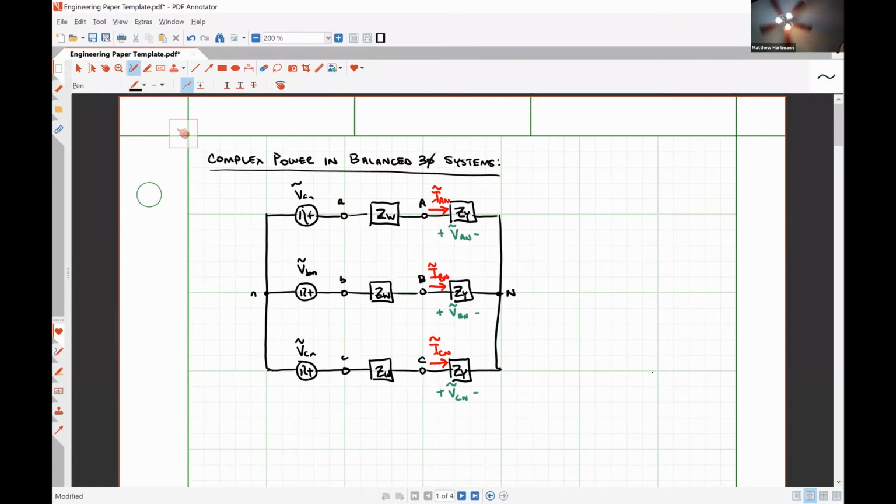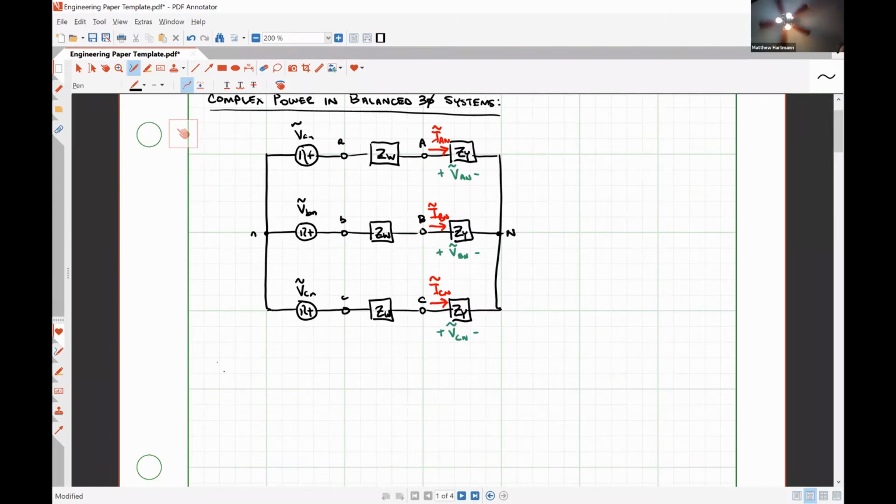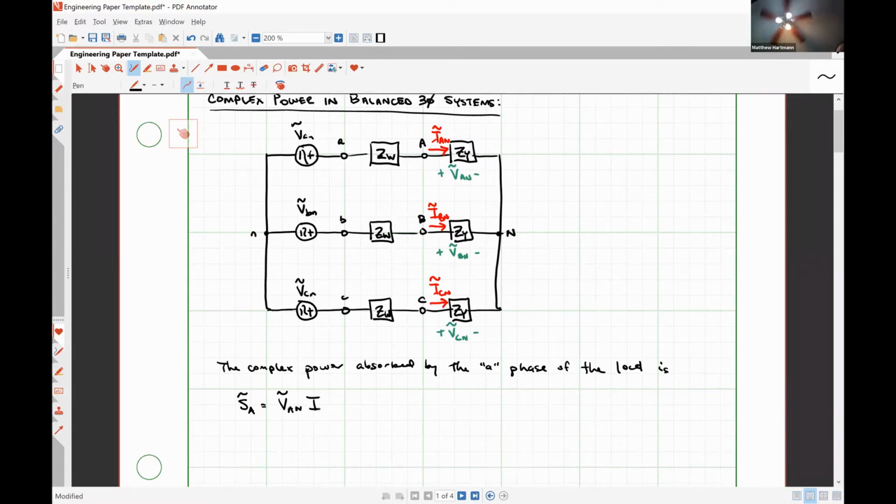So the complex power absorbed by the A phase of the load, let's call it S_A, is the voltage drop over the load as an RMS phasor, so VAN, multiplied by the RMS current, IAN, conjugate. Nothing crazy wild there.